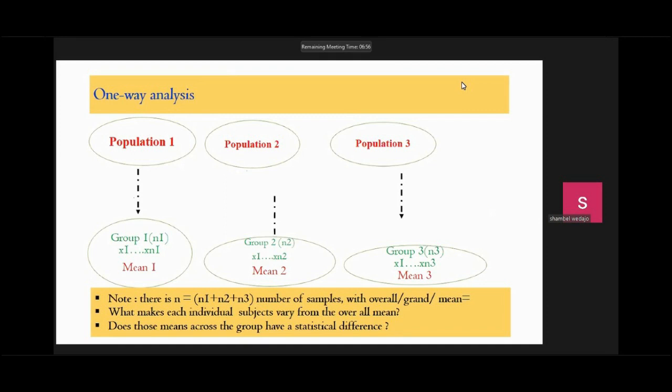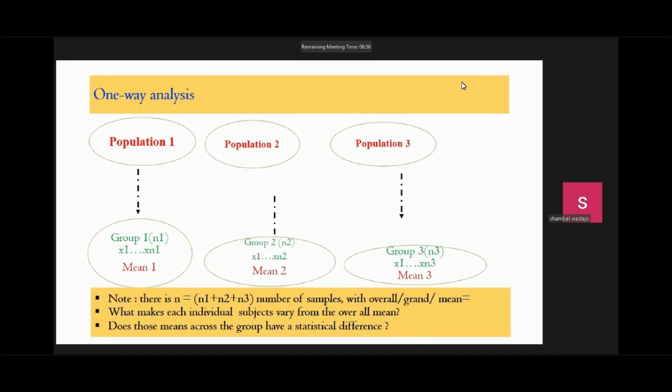Here is population 1, population 2, population 3. Assume in the previous example, population 1 has low socioeconomy, population 2 are mothers with medium socioeconomy, and population 3 has high socioeconomy.